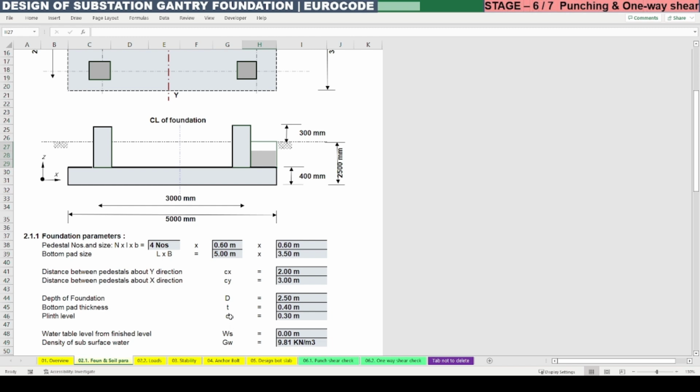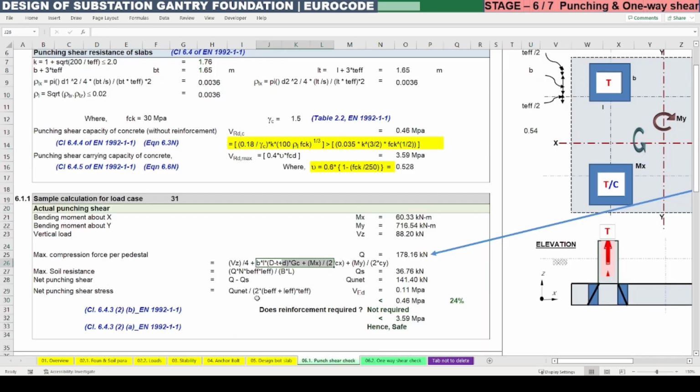And now we need to add the column length above the finished ground level, that is plinth level. Then this total length above the raft we need to consider in order to find the weight of the column.